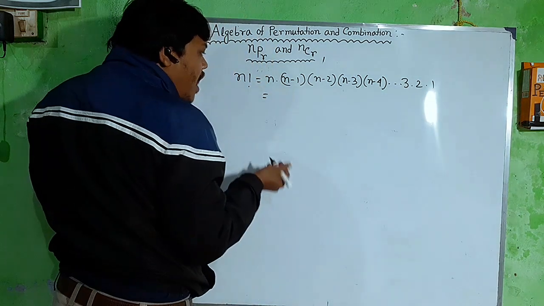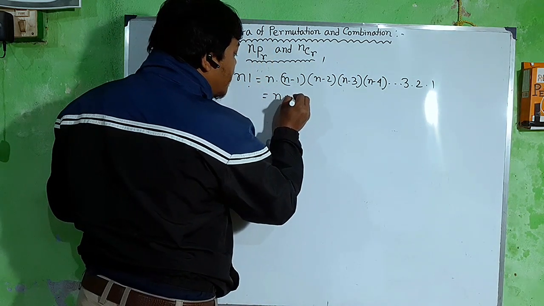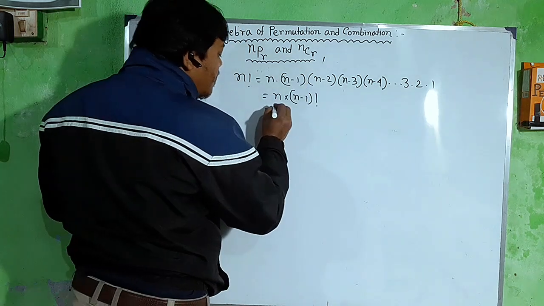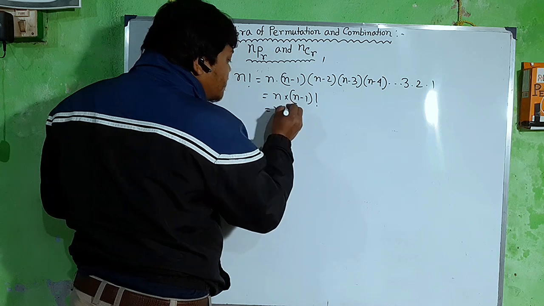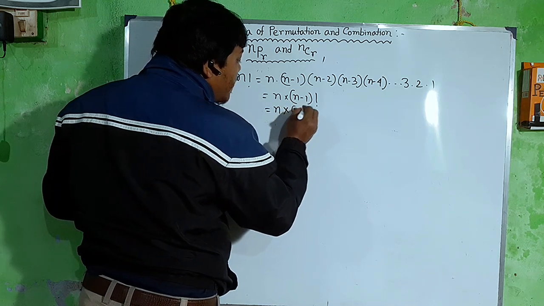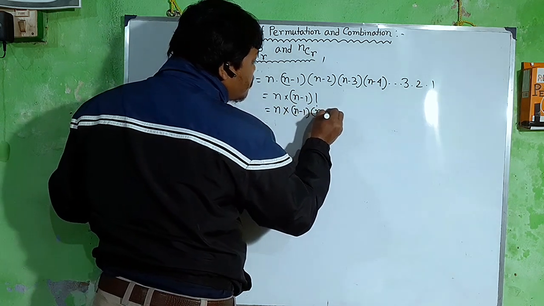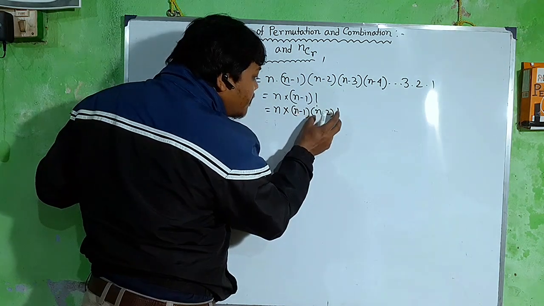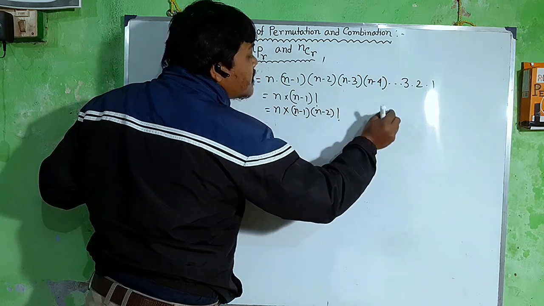If you want, you can also write n into n minus 1 factorial. If it is needed, you can write n into n minus 1 into n minus 2 factorial.